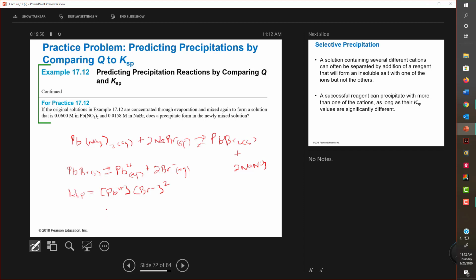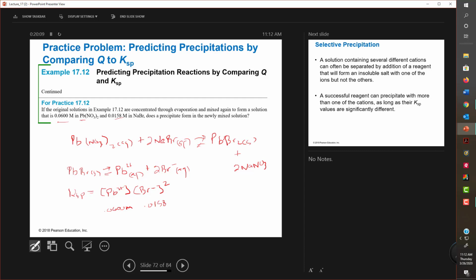We know that this is 0.0600 molar, again 1 to 1, and the bromide is this number, again 1 to 1 in the sodium bromide.